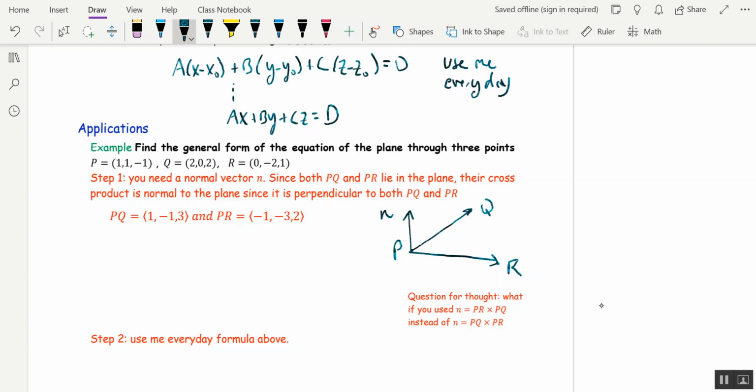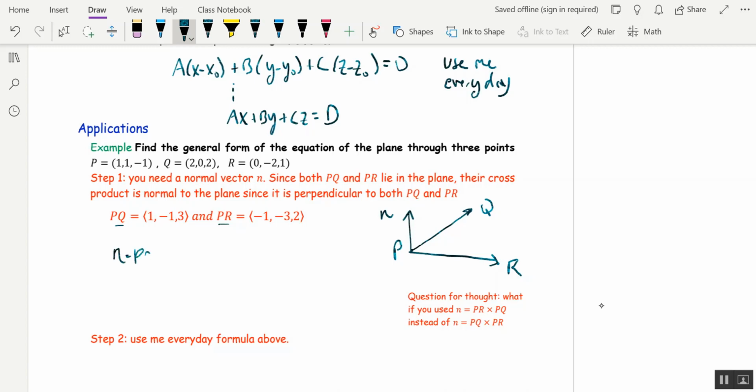Now I've gone ahead and computed PQ and PR. For PQ, you take the Q's minus the P's. For PR, take the R's minus the P's. And you should pause the video and double check that you could do that on your own. Okay, and so now we're ready to cross.